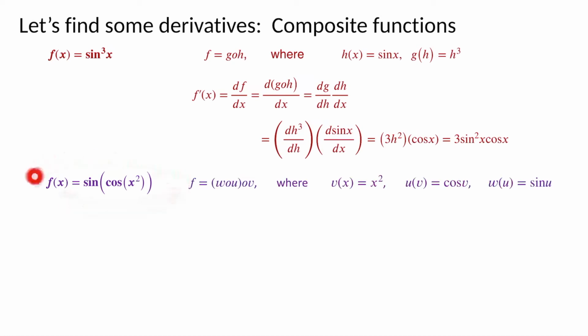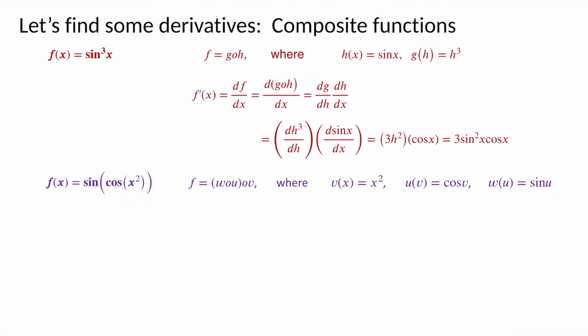Similarly, we have another example here, sine of cos x square, and here we can express this as w of u of v, a slightly more complex composite function, where v is expressed as x squared here, u is expressed as cos of v, and w is expressed as sine of u.